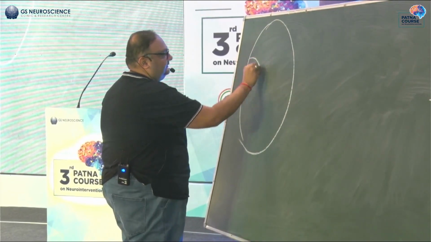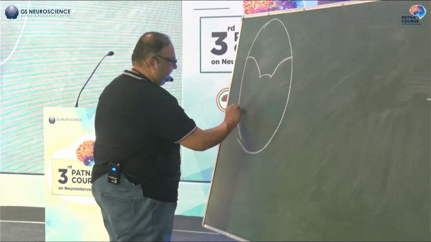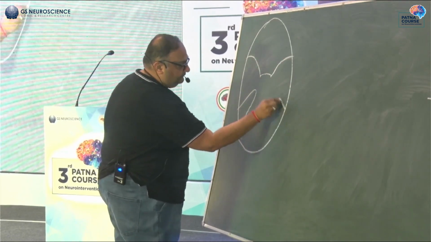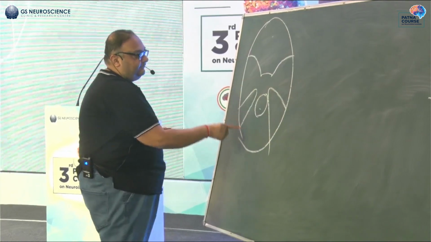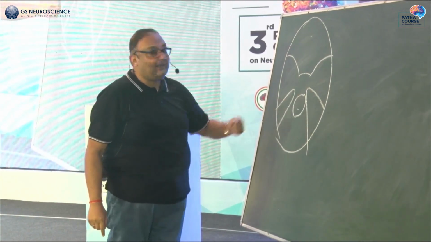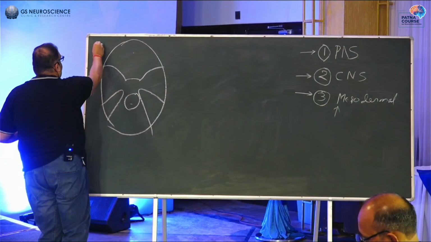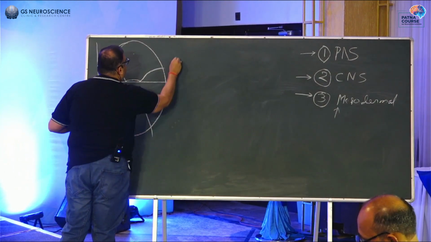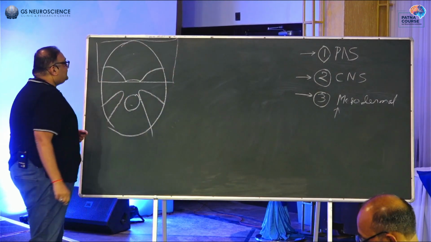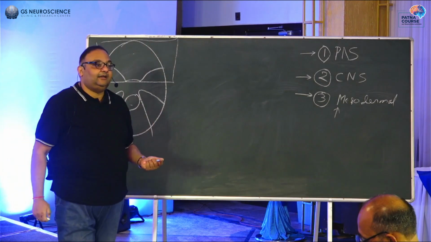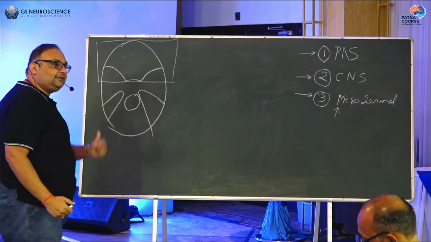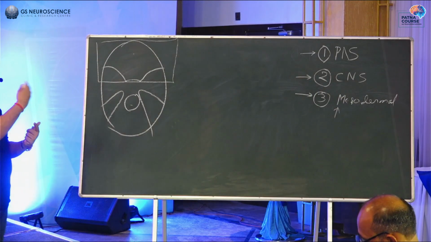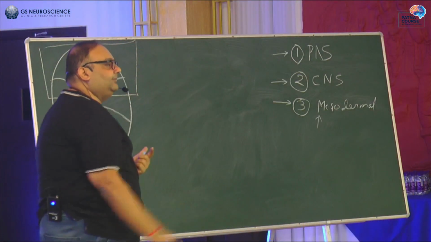Now, what I will do is draw the skull: anterior cranial fossa, middle cranial fossa, posterior cranial fossa, foramen magnum. So we will be concentrating in this area because after all, the orbit is very closely linked to the anterior cranial fossa, or we can say that the anterior cranial fossa is basically an extension of the orbit.